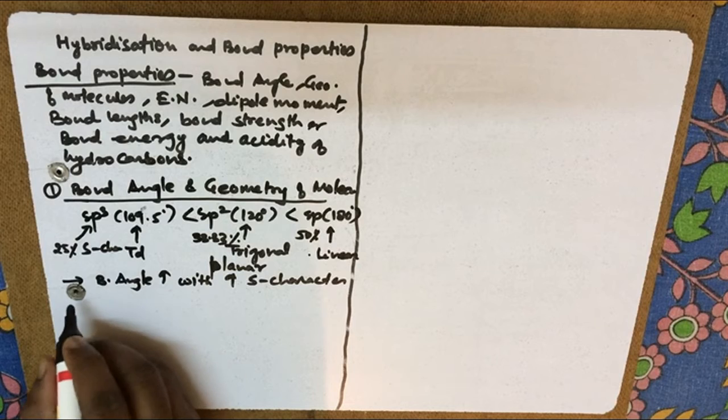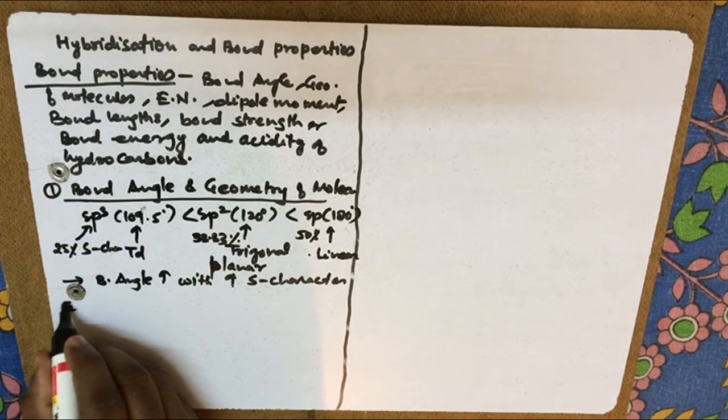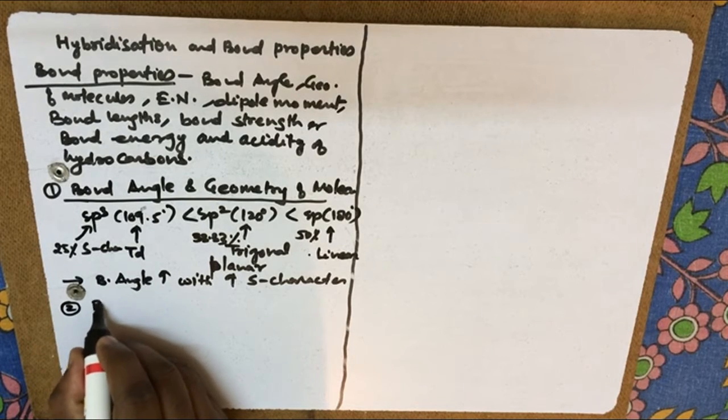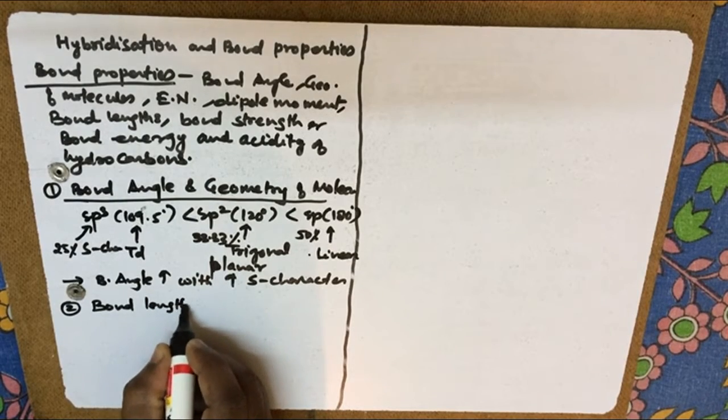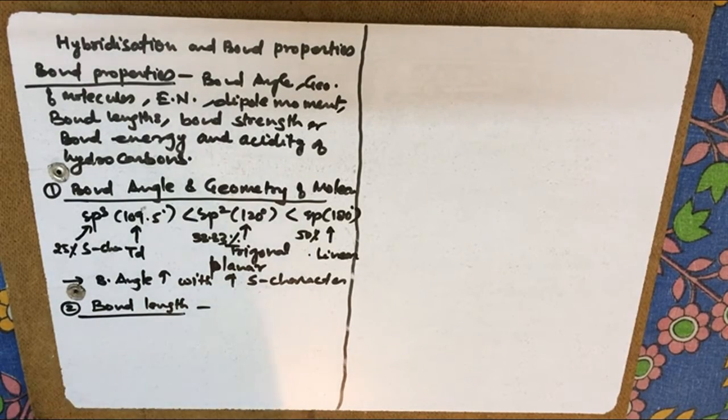So now second, discuss the bond length. What is bond length? So bond length actually depends on s orbitals.